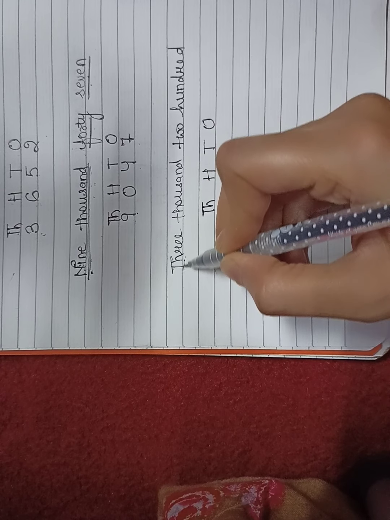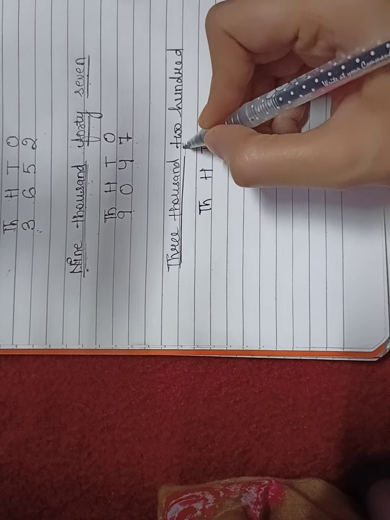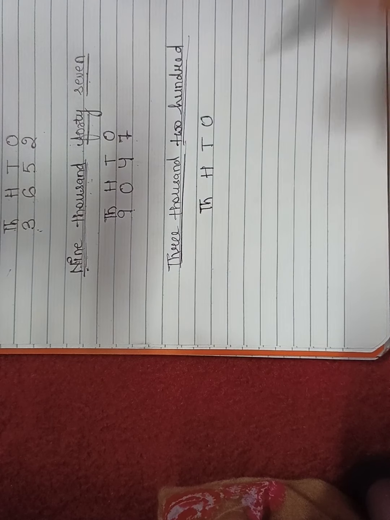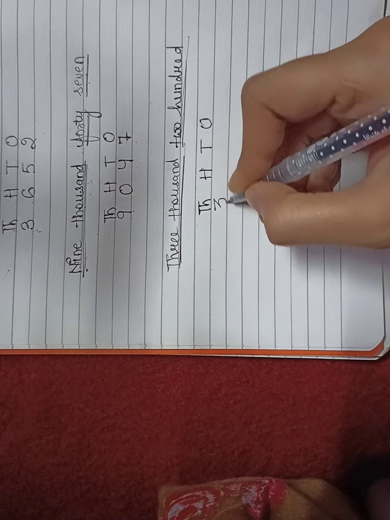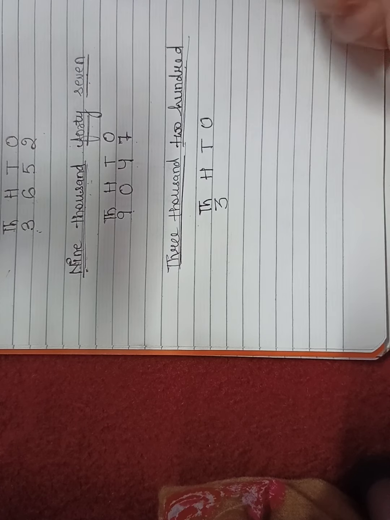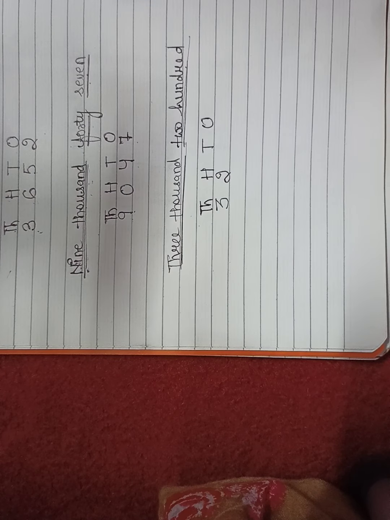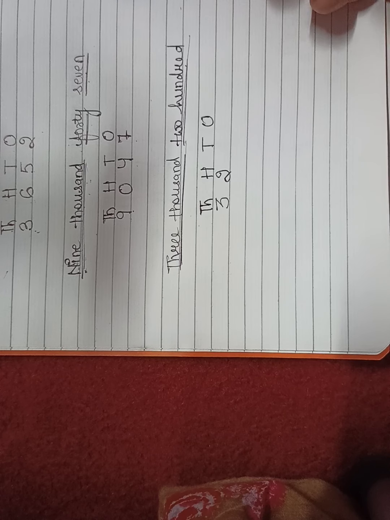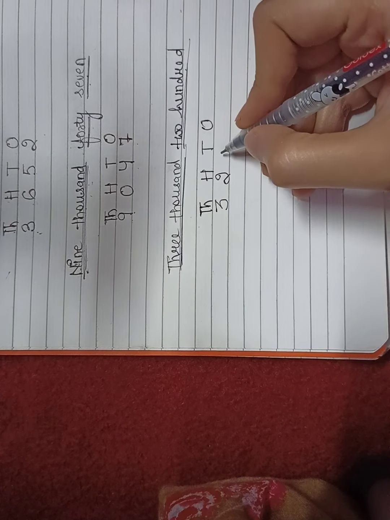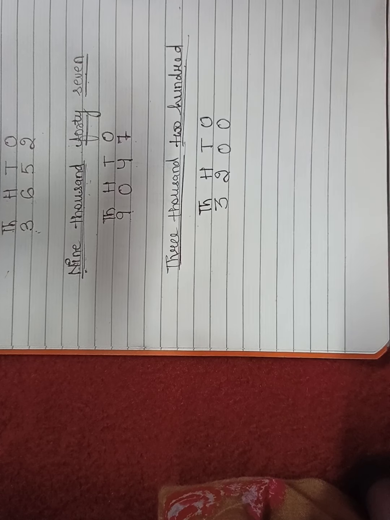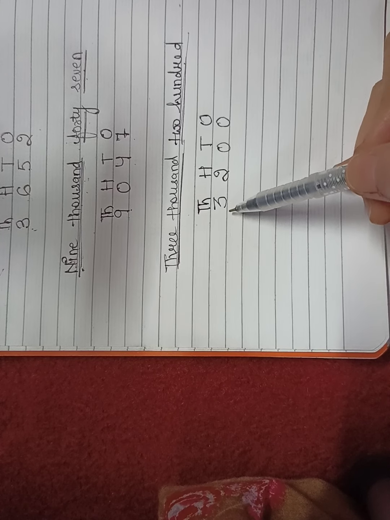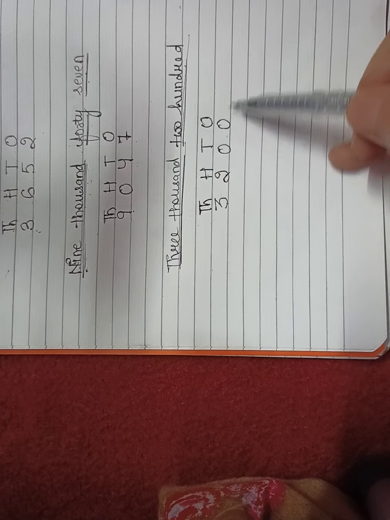Break the number. 3,000, so 3 will be written under thousands, and 200, so 2 will be written under hundreds. Now there is no value given for tens and ones, so in place of tens and ones we write 0. So the number we get is 3,200.